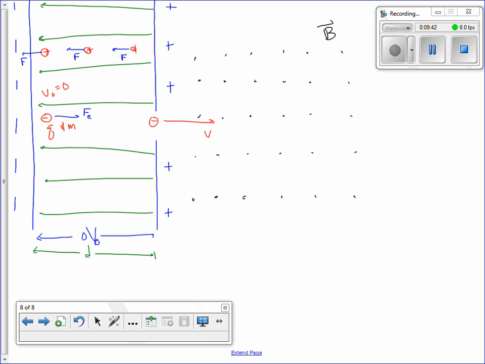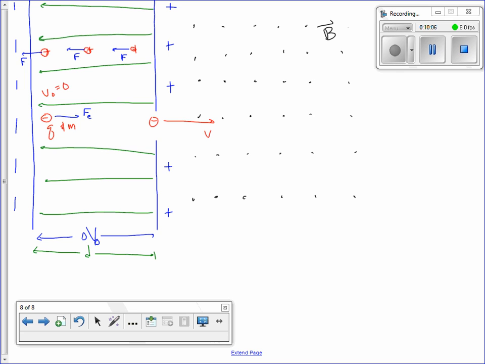So if you're like Sierra and don't have a left hand, you just use the right hand and then take the opposite of your answer. But this thing is going to be pushed, well, at this instant, it's going to be pushed up. But then when it starts moving up, the velocity vector changes, but in general, what's this thing always end up doing?